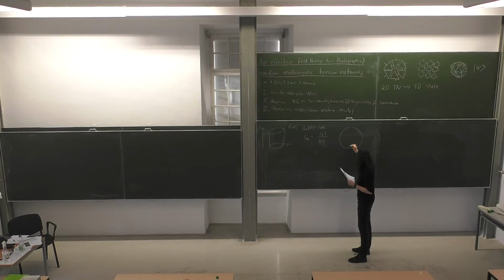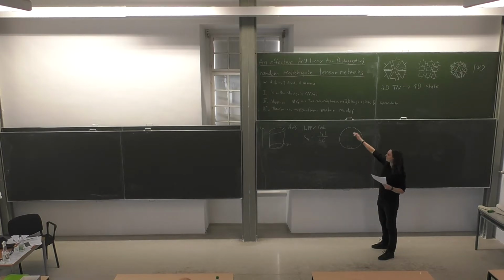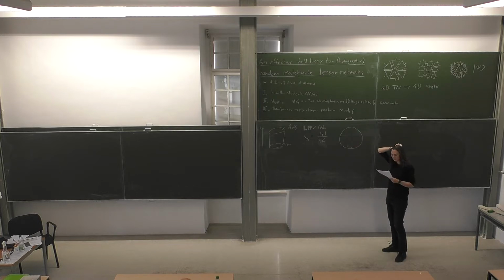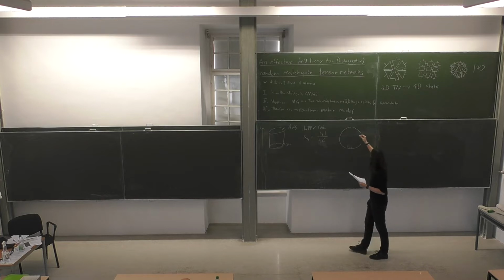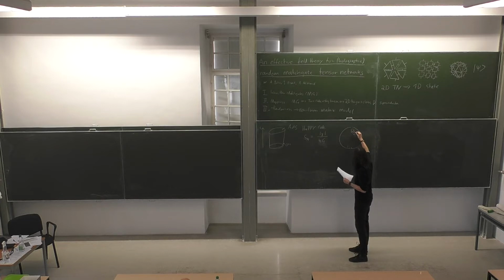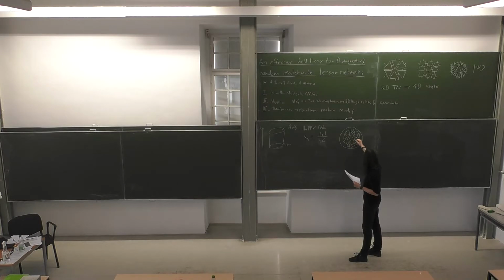So I'm not gonna try to tile all this space with a tensor network. So these should all be regular, nice triangles.